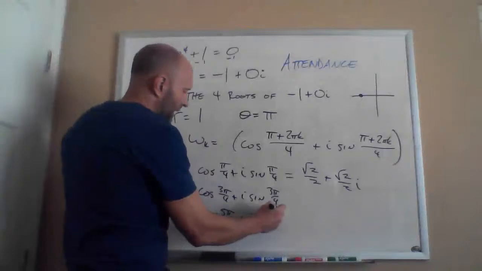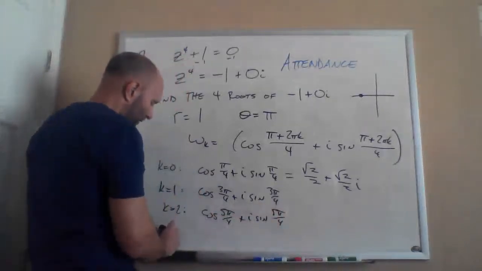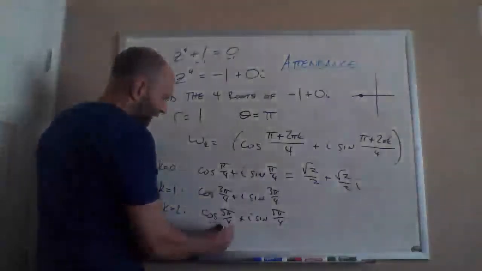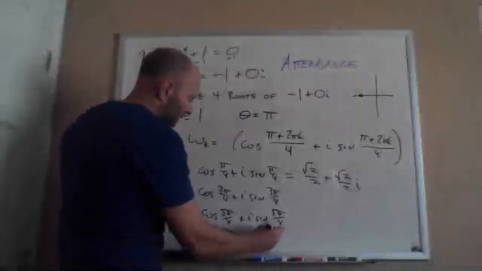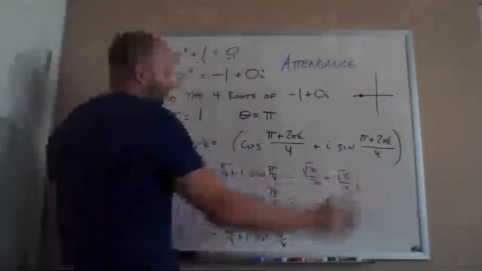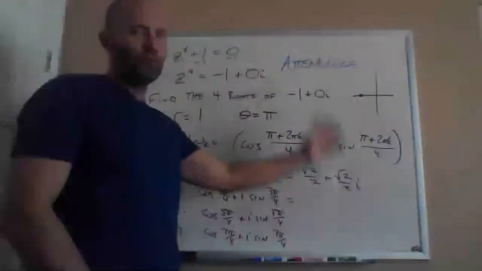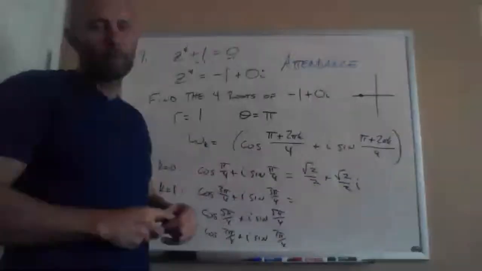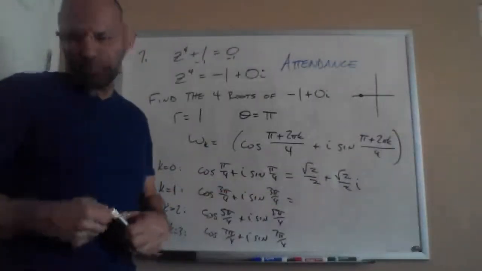I assume you can see the pattern now. It's just all the pi over 4 values. The last one, k is 3, is going to be cosine of 7 pi over 4 plus I sine of 7 pi over 4. And again, then just figure out root 2 over 2 or negative root 2 over 2, and that'll give you all your a plus bi answers. So any questions on that?